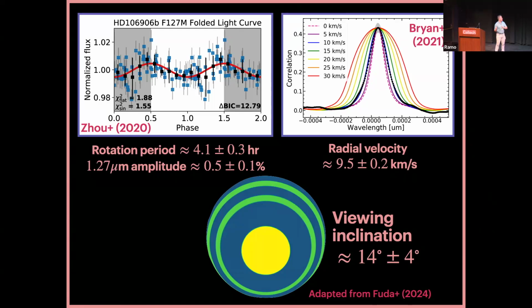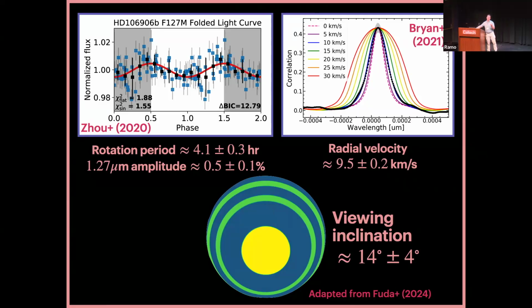So you combine the radial velocity with this photometric monitoring. What seems to be happening is that if you resolve these, the implication is that the viewing inclination is very close to pole-on, right? It's this 14 degrees, where 0 would be directly looking along the pole axis of the companion. And this is interesting in its own right.